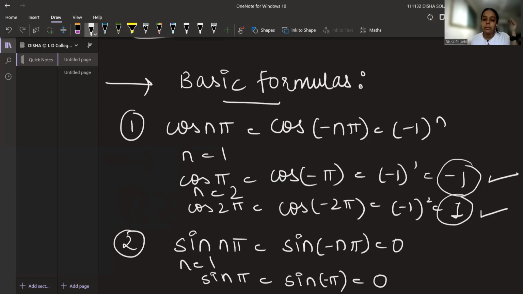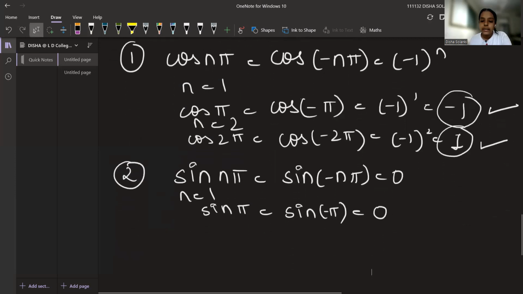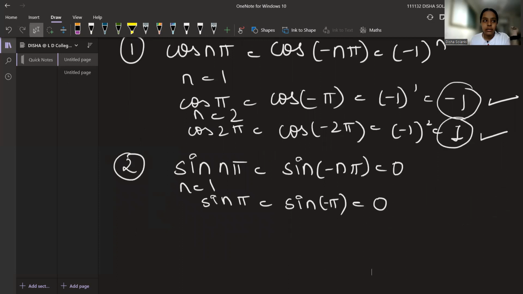As we all know, sine pi is 0. Sine is an odd function. Okay, so if you take n equals 0, sine 0 is also equal to 0.